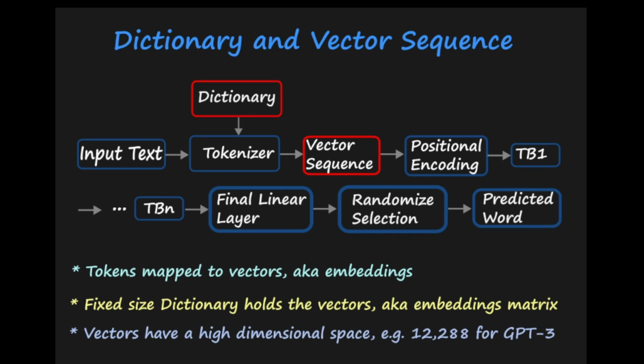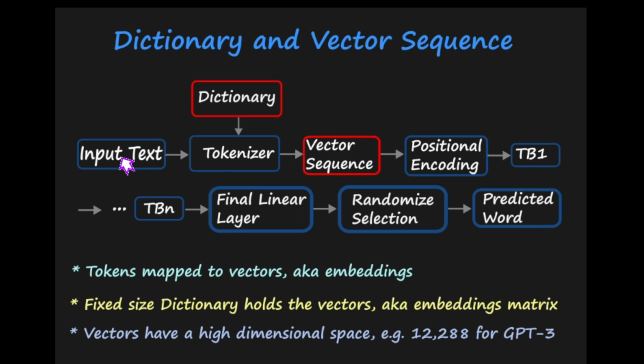Okay, after the input text is tokenized, the dictionary is used to convert all of the tokens into their particular vectors, because every token has its own unique vector. So you end up with a sequence of vectors.